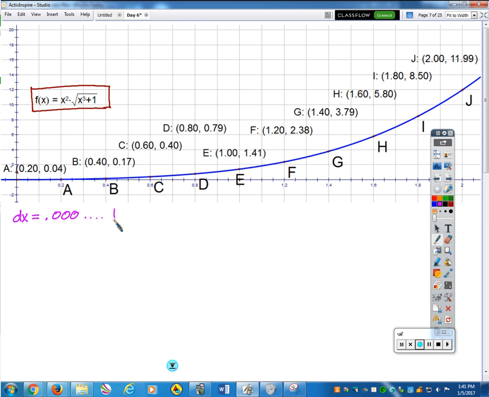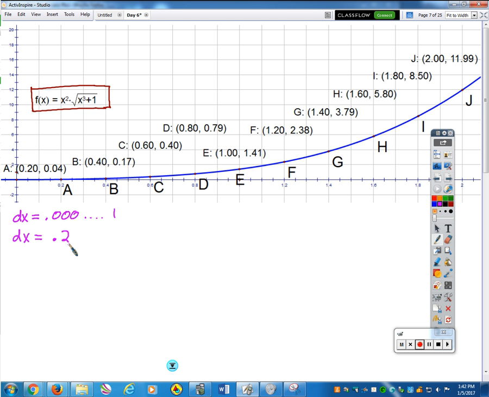But it's hard to deal with that type of a dx. So for today, we're going to make dx something easier to deal with, even though it really isn't this. We're just going to choose dx to be, I don't know, 0.2. Any questions?